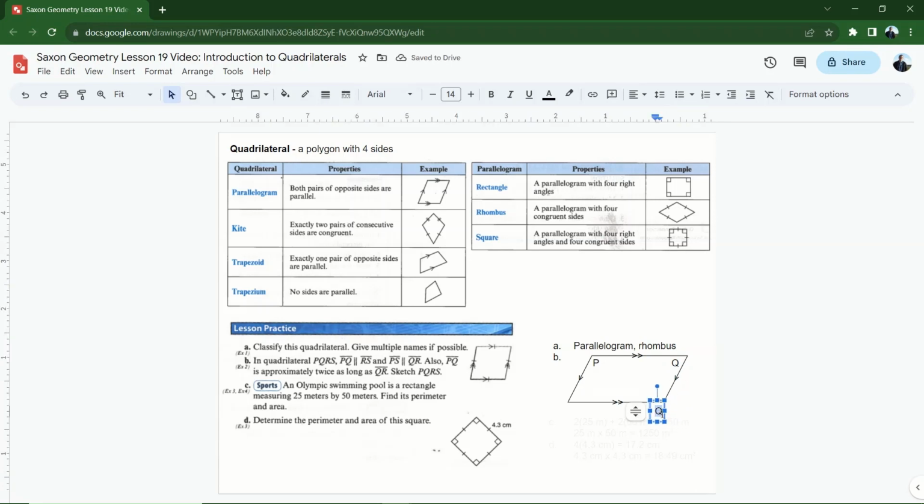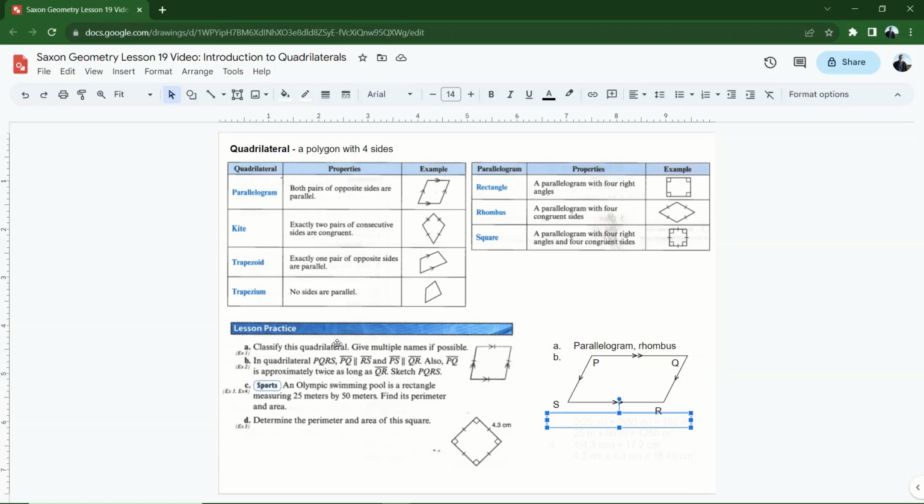Well, it doesn't have 4 right angles, so it can't be a rectangle or a square. And in addition to that, it doesn't have 4 congruent sides, so it can't be a rhombus. So this is no special type of parallelogram. It's just your everyday run-of-the-mill parallelogram as a shape PQRS.